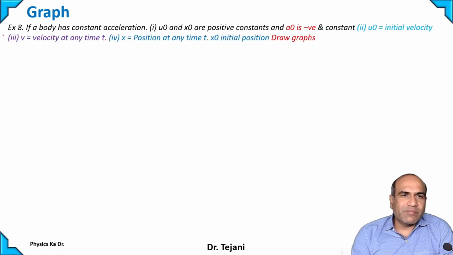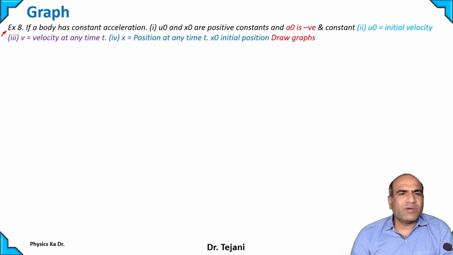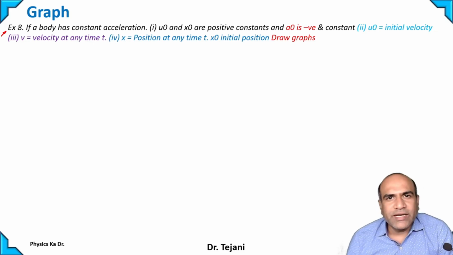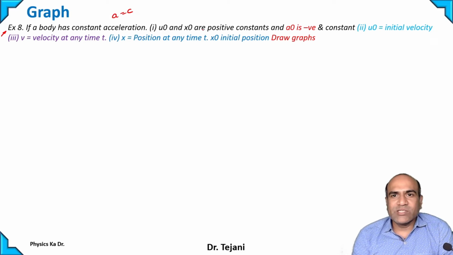We have here example number 8. It is somewhat similar to example number 7. You may pause the video here and try by yourself. If a body has constant acceleration, so acceleration is constant, u0 and x0 are positive.